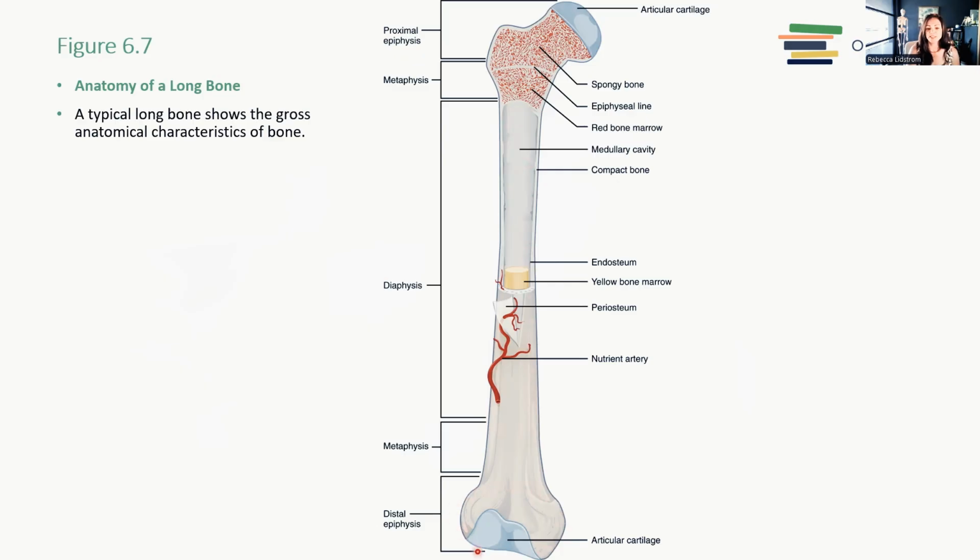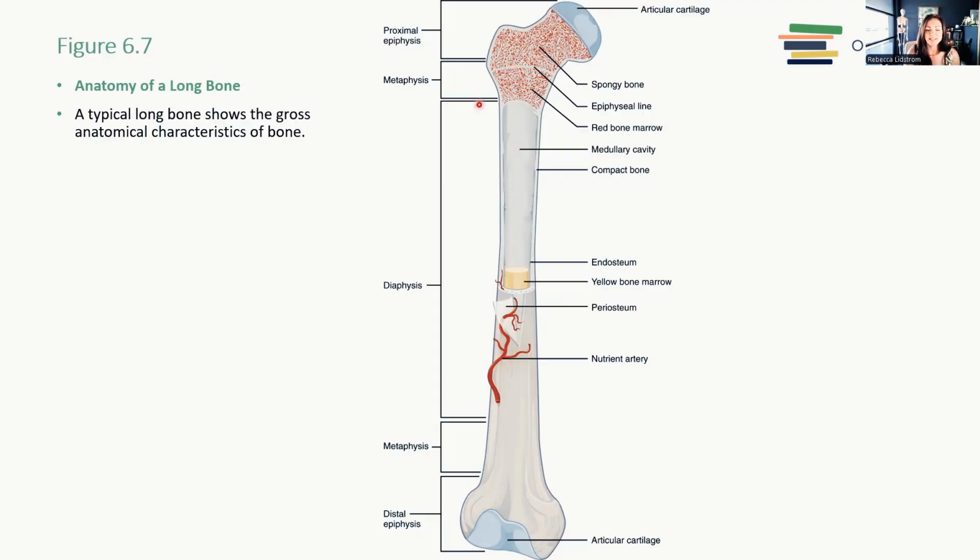This is the distal epiphysis down here, which will articulate with our lower leg, so parts of our tibia. And up here at the proximal end, this would be called the proximal epiphysis. The place where it meets the shaft, or the diaphysis, is called the metaphysis.